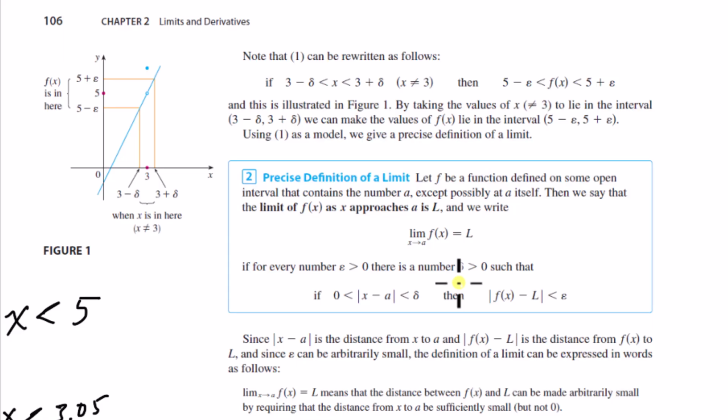But delta and epsilon are variables in the sense that you could start the process over and pick another delta. Say delta is equal to 5. Then there's going to be some other value of epsilon that will correspond to delta being equal to 5.